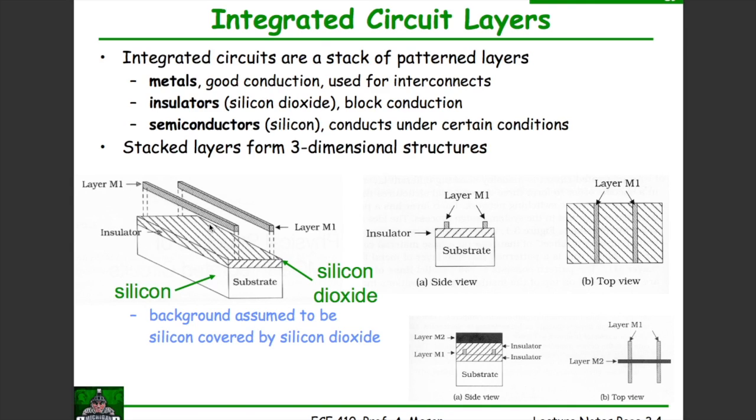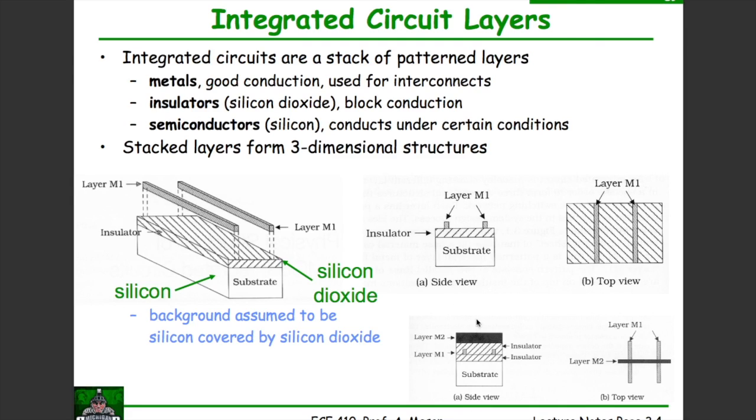The roof of the apartments are metals, and the side walls are like insulator. To connect various components together, we use these different metals, because on a single platform we cannot connect all. We have to go up, then connect, and we can come down. You will get to know what these things are.